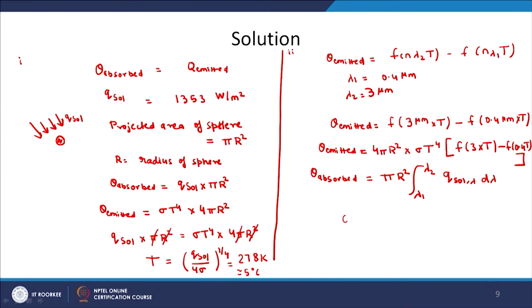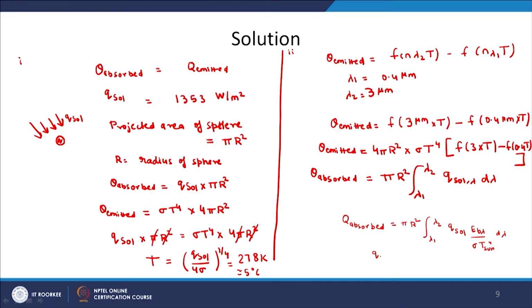Q absorbed is equal to pi r square integral from lambda 1 to lambda 2, and we write q sol lambda as equal to q sol E b lambda over sigma T sun power 4 d lambda, where we have assumed that the spectral variation of solar flux is proportional to the black body emissive power of the sun.